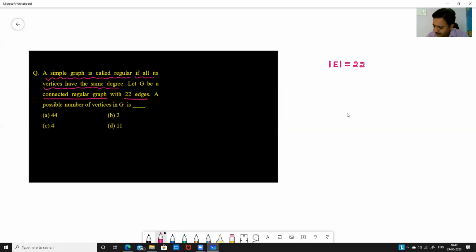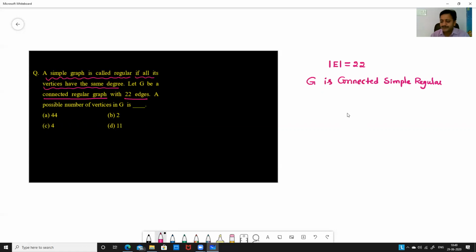And what type of graph is G? G is a connected simple regular graph. G satisfies these three conditions. Connected means it must have a minimum of n minus 1 edges, where n indicates the number of vertices.